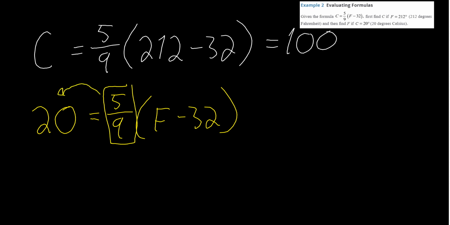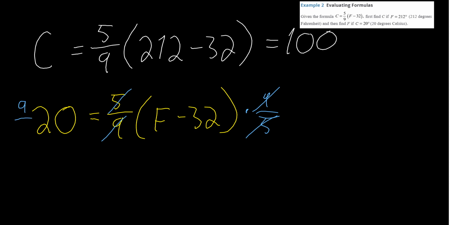Since we have a 5/9 on the right, in order to get rid of the 5/9, what I must do is multiply the right side by 9/5, and that cancels it, and then multiply the left side by 9/5, like that. So we end up with 9/5 times 20.